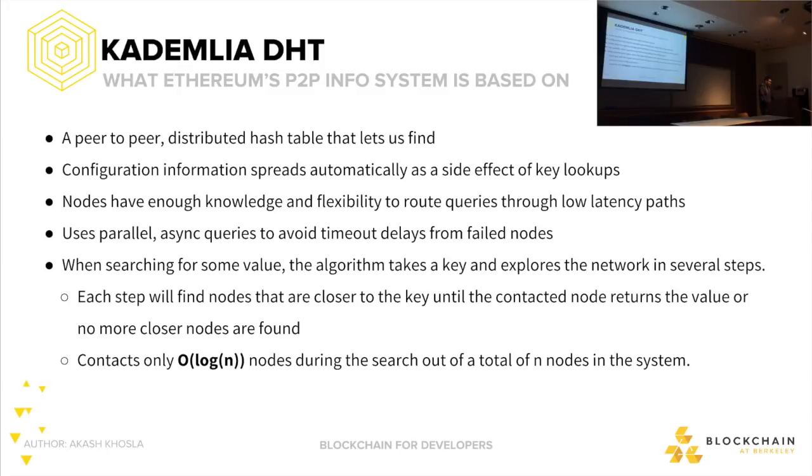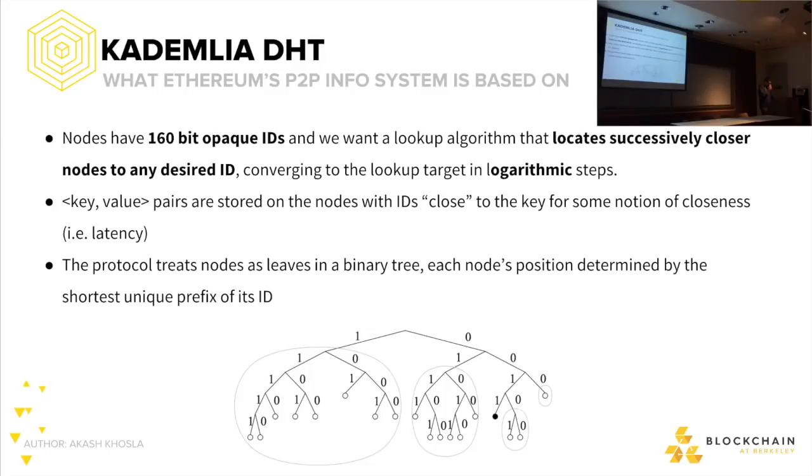So let's dive a little bit into the whole structure. Nodes have 160-bit IDs, and we want a lookup algorithm that locates successively closer nodes to any desired ID, and we want it to converge to the lookup target in logarithmic steps.